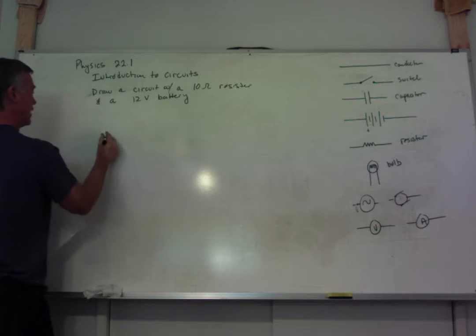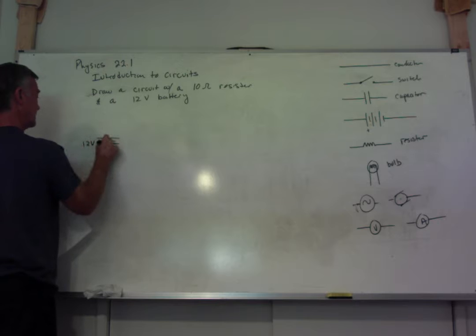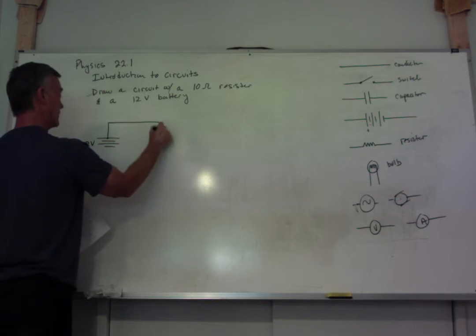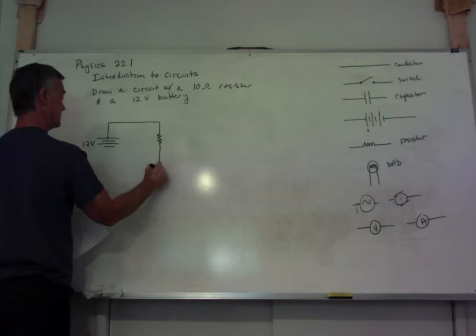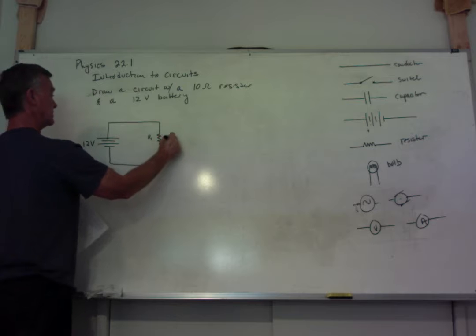The way we would draw it is like this. It's actually very simple. We would put our battery and we'd mark that as 12 volts. And then we'd come over and we would put a resistor and we would mark this. I mark it R1 would be 10 ohms.